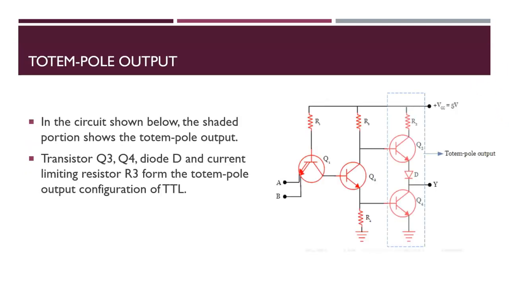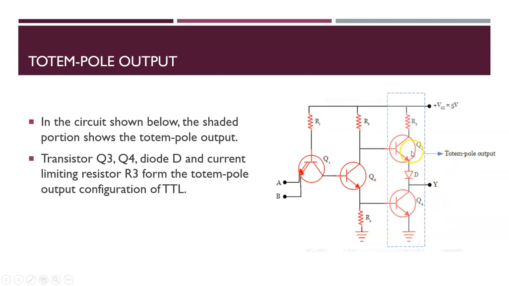Out of these, first is the totem pole output configuration, which has a very good advantage in this circuit. We will say it is a totem pole or pull-up circuit. Why is it a pull-up and why is it said to be a totem pole configuration?